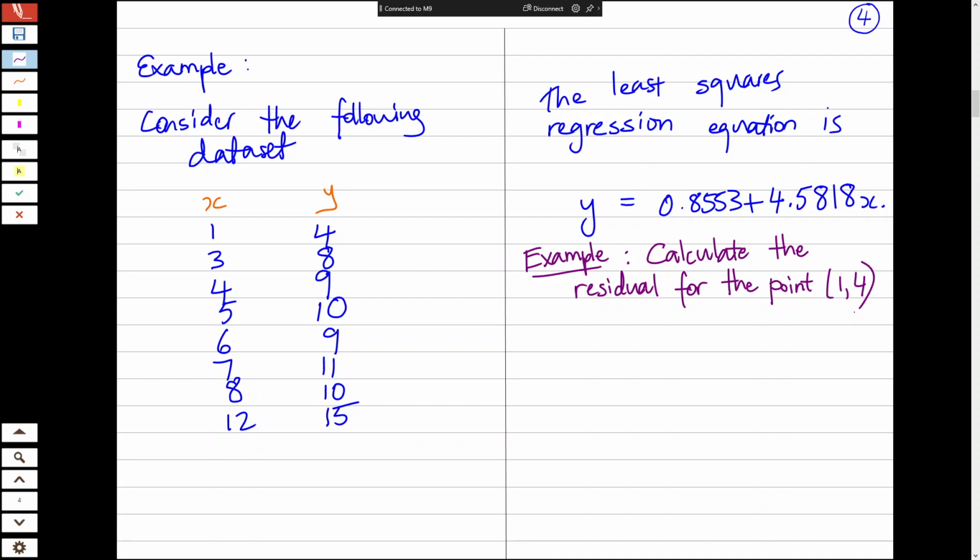And this is asked on the exam. Recall the residual value equals the actual value minus the predicted value. If you forget that, it's on the formula sheet on the exam. What is the actual value in this instance?